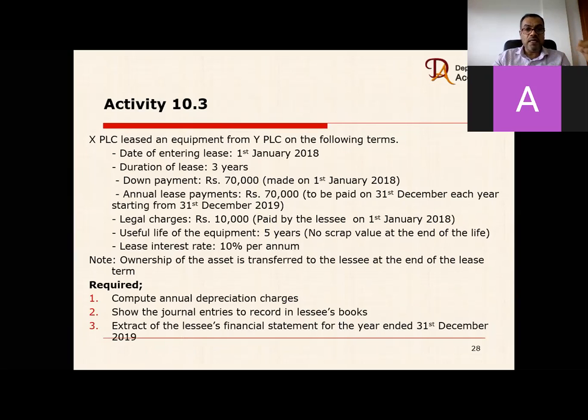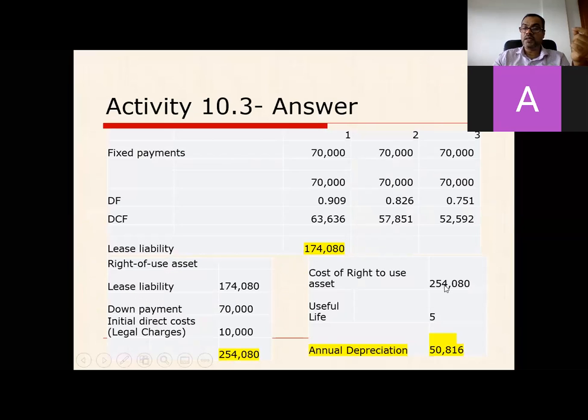But here, the lease term is less than the useful life, that is 3 years. Only on that occasion, ask whether the ownership is transferred. If yes, again, follow the useful life. If not, go to the lease term. In this case, it is transferred. Had it been said that ownership is not transferred, your depreciation would have been this amount divided by 3, not 5. I hope it's clear.